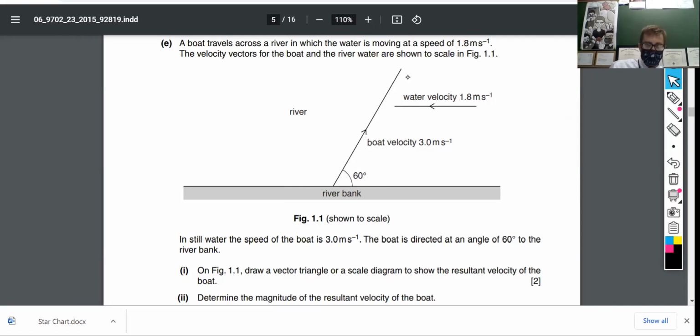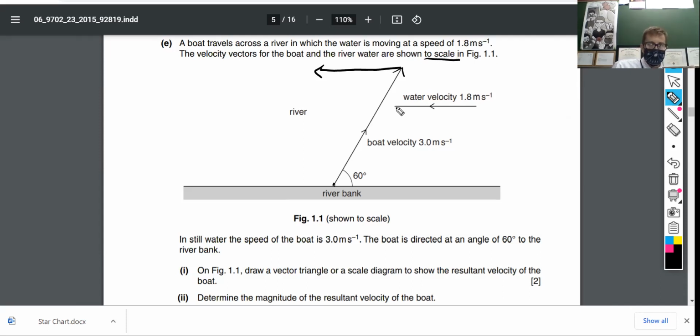The boat's going this way, the water's pushing it that way, and so we know how to add vectors. This vector, the tail of it is here, it's pointing in this direction, so the head of the vector is right there. I'm going to place the water velocity vector head to tail with it, and this one is actually to scale.